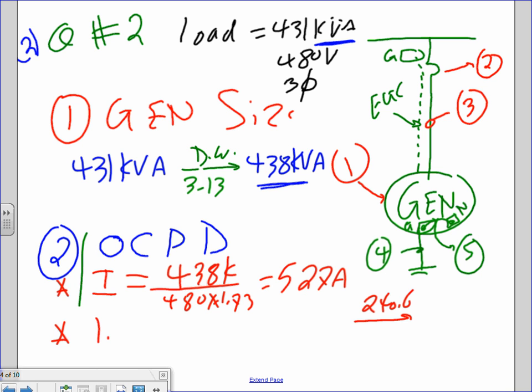Then you take 1.25. I used to use 1.15, guys, because that's the conductor from the overcurrent protection device right here into the generator.